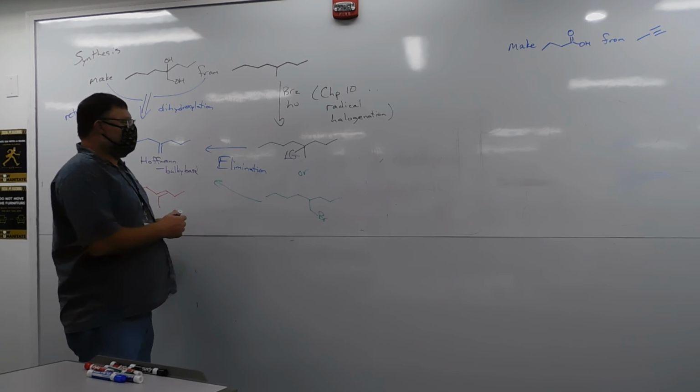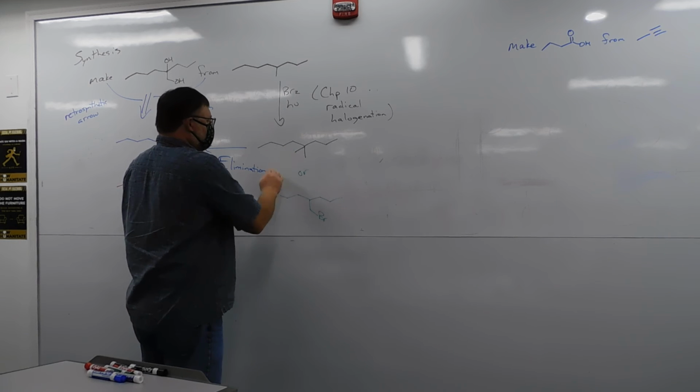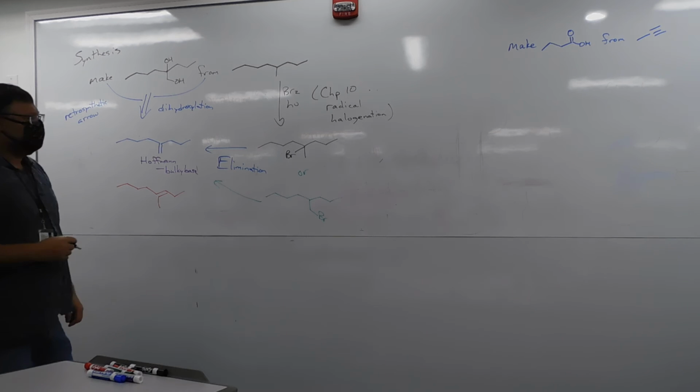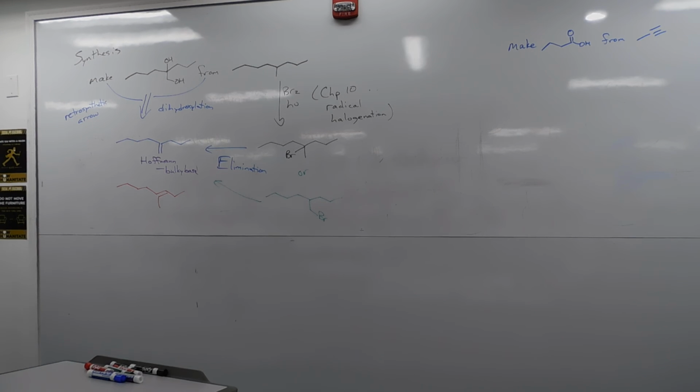That's chapter 10, and it's going to preferentially put the bromine on the tertiary position, the most stable radical. So that has to be the first reaction for all of these.